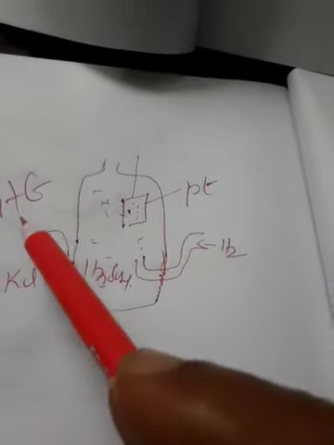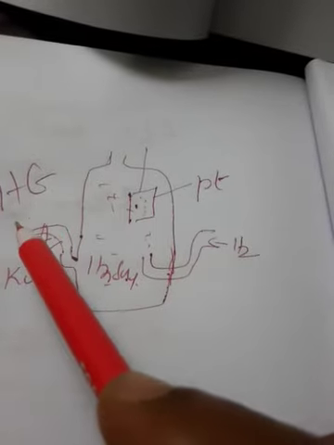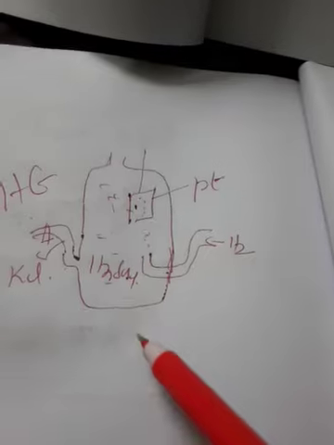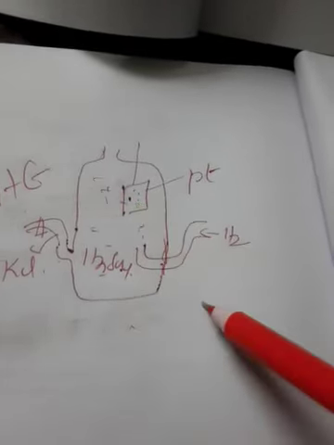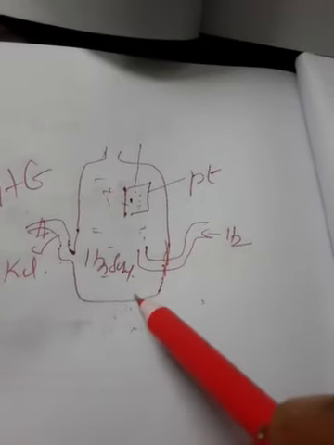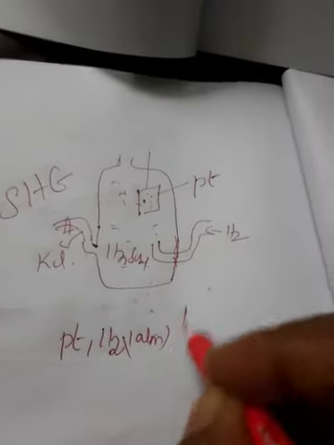So SHE can act as the cathode as well as the anode. The type of electrode is a gas electrode. The components are platinum electrode, hydrogen gas, and electrolyte sulfuric acid at 1M. Then the electrode representation is platinum, hydrogen gas, 1 atmospheric pressure.